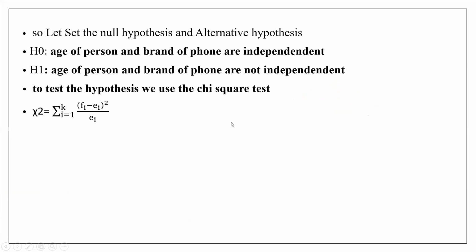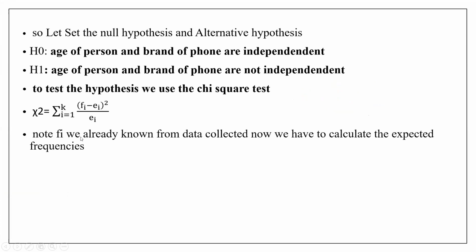All right. So this is your chi-square formula, the test which we use to test the hypothesis. Note that Fi we already know from the data collected. Now we have to calculate the expected frequencies.